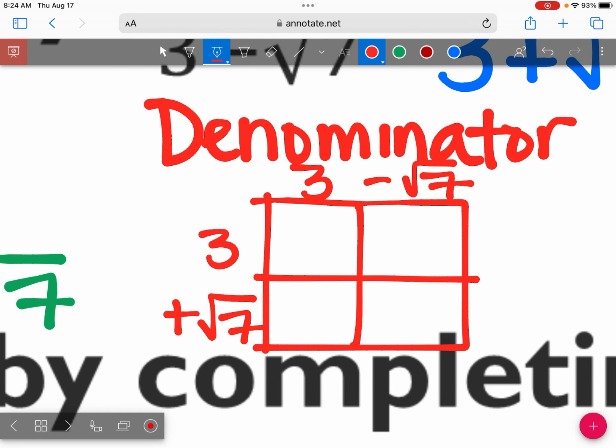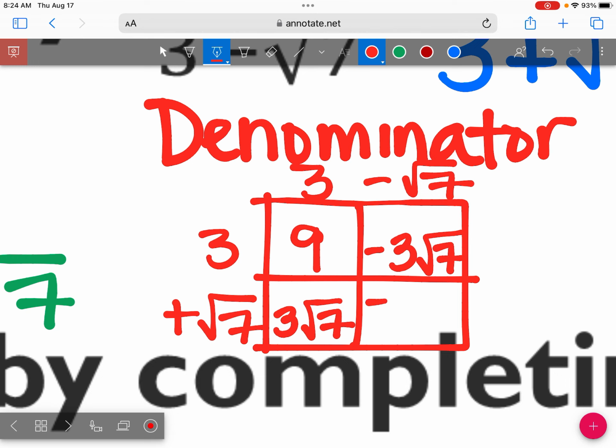Let me zoom in. So 3 times 3 is 9. 3 times negative root 7 is negative 3 root 7. 3 times positive root 7 is positive 3 root 7. And then negative root 7 times positive root 7 is negative square root of 49, which is negative 7.